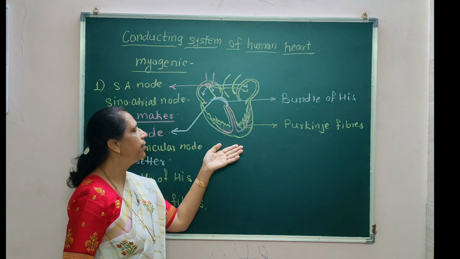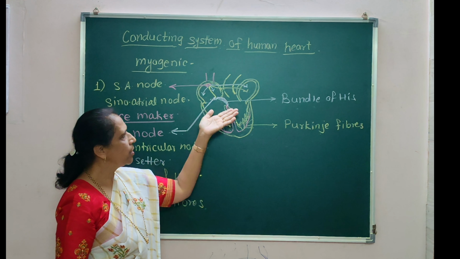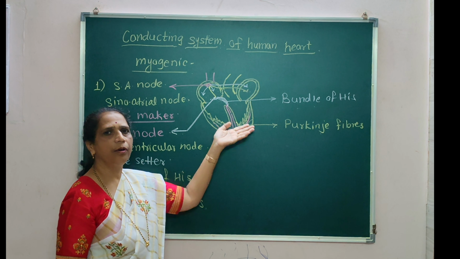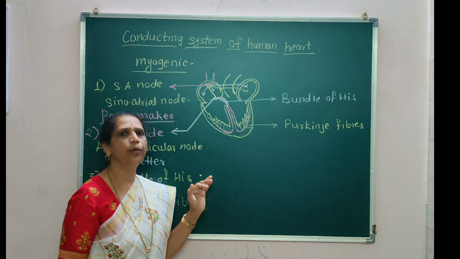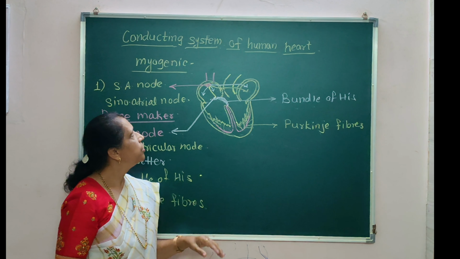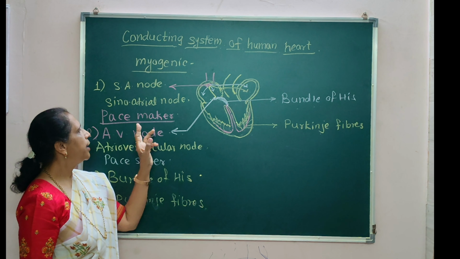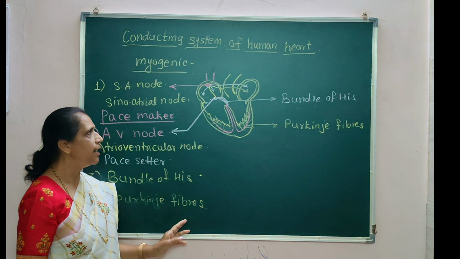So there are only four important components: the SA node, AV node, bundle of His, and Purkinje fibers.